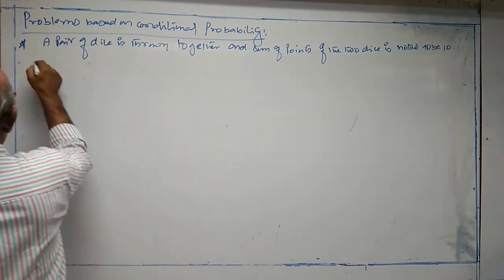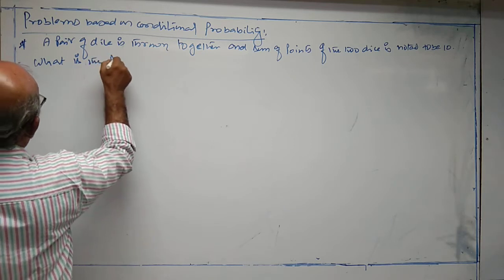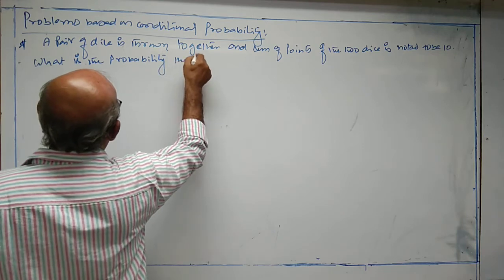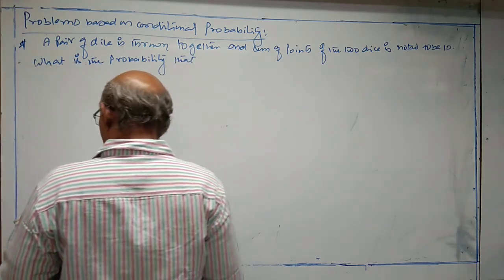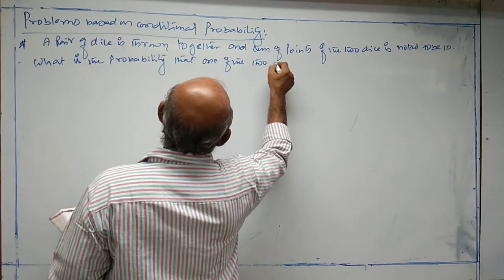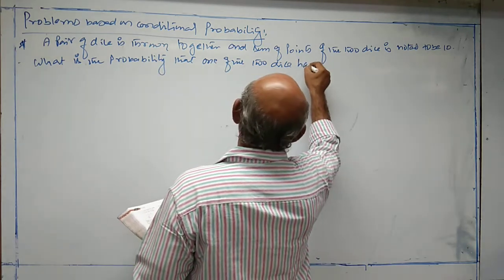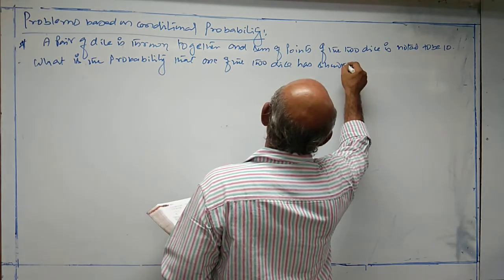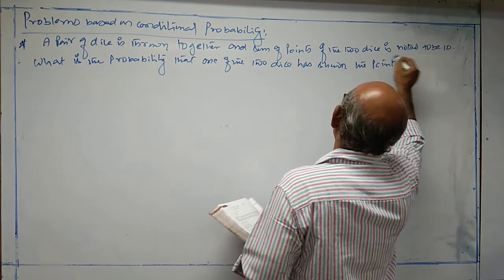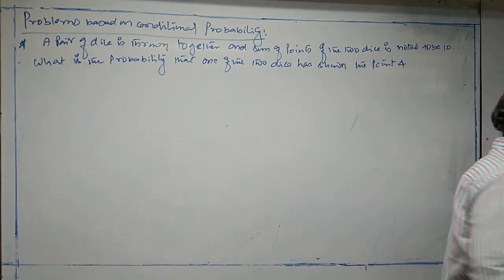What is the probability that one of the two dice has shown the point 4? This is my question, sir.